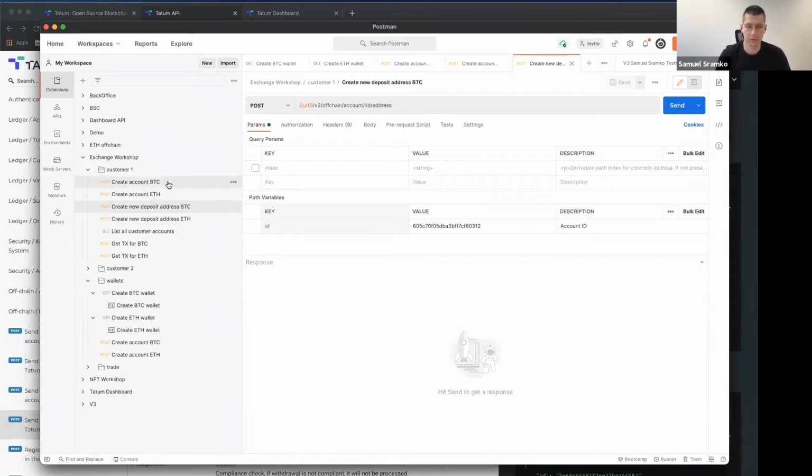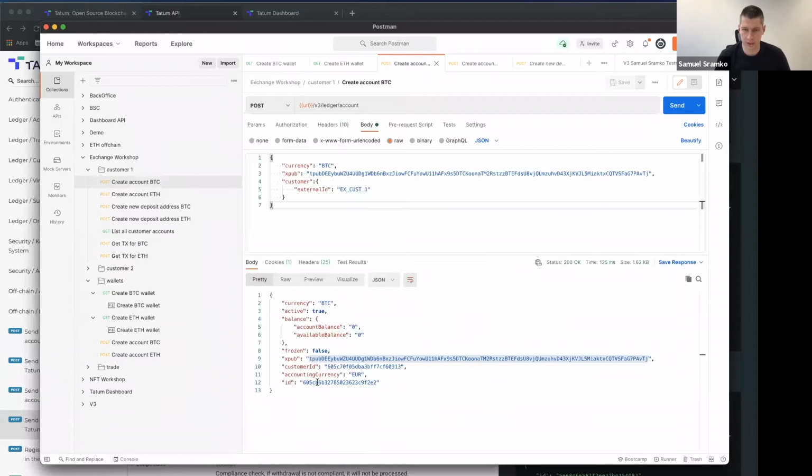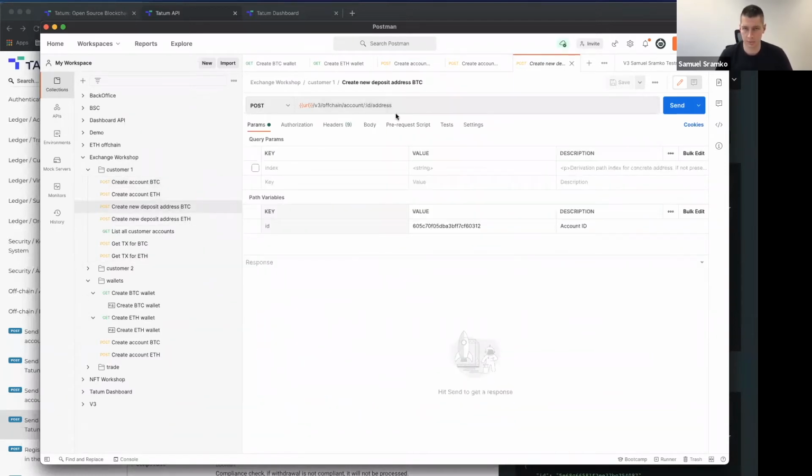What we have to do is use the ID of the newly created account and generate the off-chain address inside Tatum.